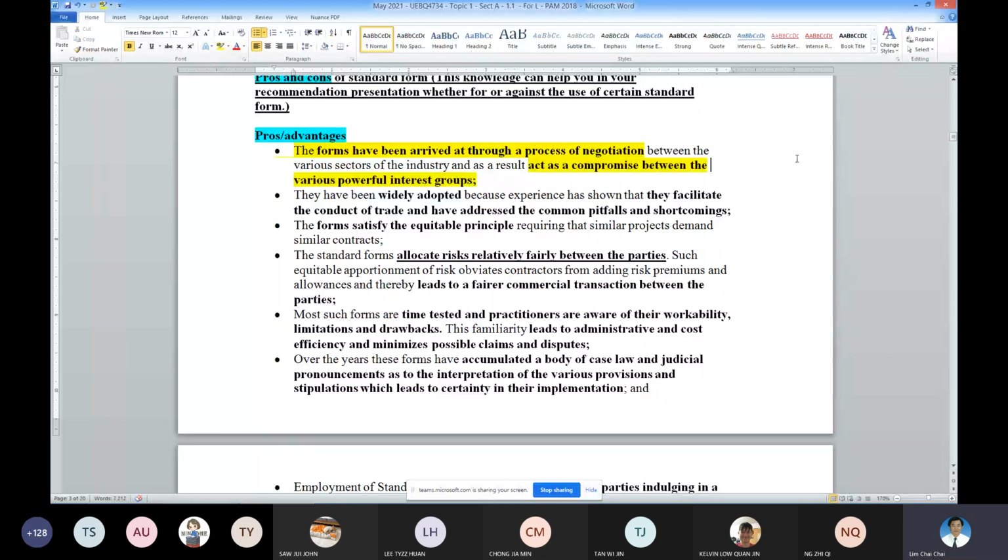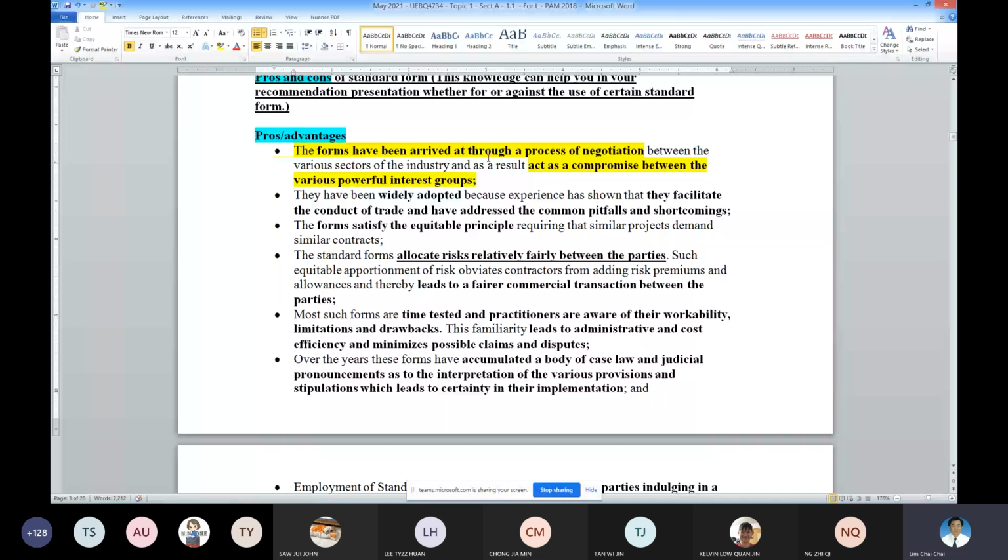Okay, so that means the standard form acts as a moderating document. It cannot be that one party within the contract is so strong, and then the other party, the risk to them is very high. Okay?